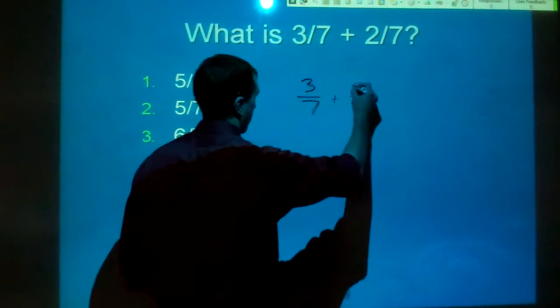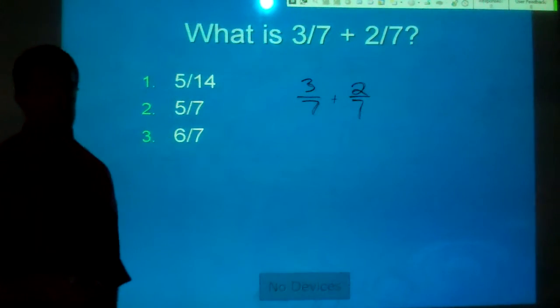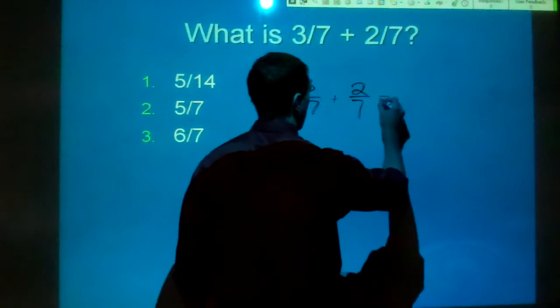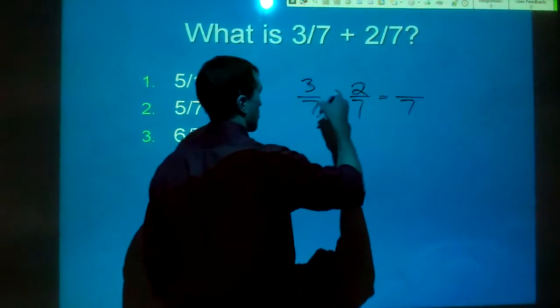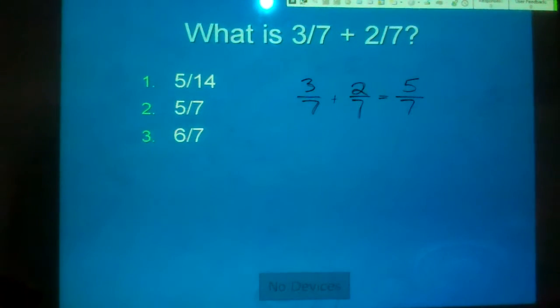That's a little better. Alright. Denominator is going to stay the same. 3 plus 2 is 5. So we should end up getting 5/7 there, or the student should have been clicking in number 2 right there.